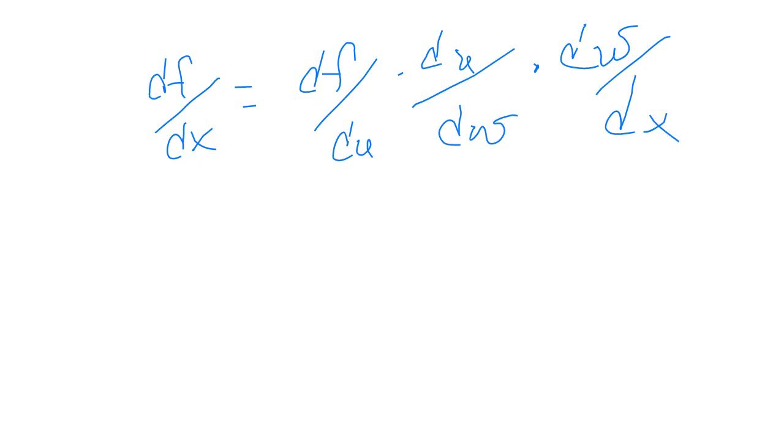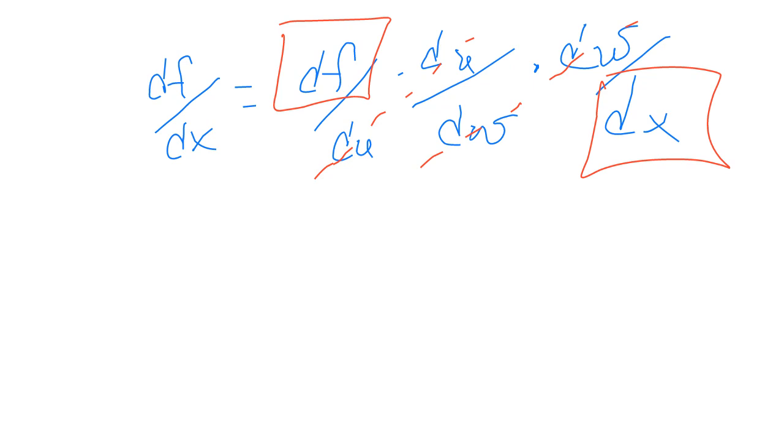So we could do stuff like that as well. If w was a function of x and u was a function of w, then we could calculate df dx via the chain rule there as well.